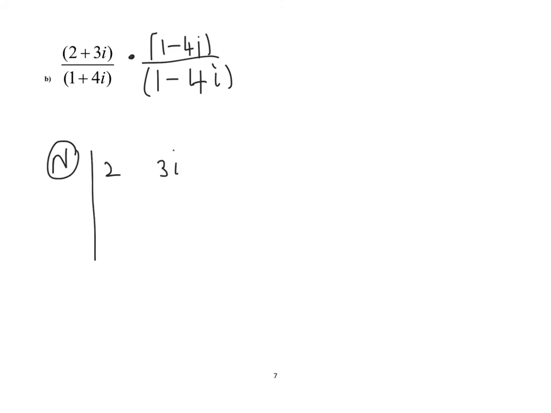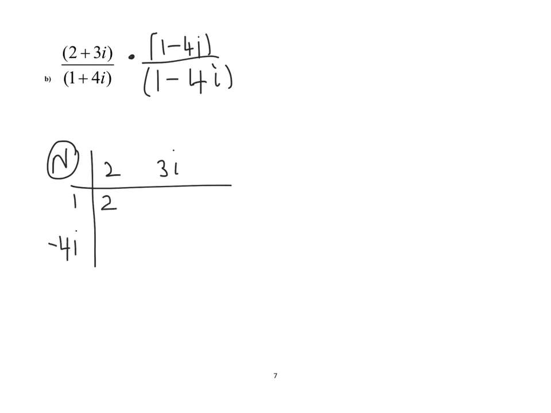Another one here. So again, we're going to multiply by the complex conjugate. In this case, it's going to be 1 minus 4i, and then 1 minus 4i. Remember, we just focus on the denominator. Let's do the side work here. We are doing the numerator. 2 plus 3i, and then 1 minus 4i.